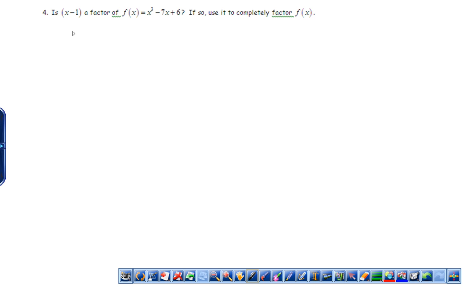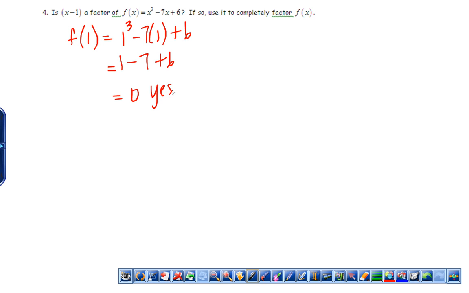So let's do some different things. Let's use the remainder theorem. So I'm going to plug in a positive 1. So this is 1 cubed minus 7 times 1 plus 6. Since this is so easy, this is 1 minus 7 plus 6. So this is 0. So it is a factor, since I got 0.